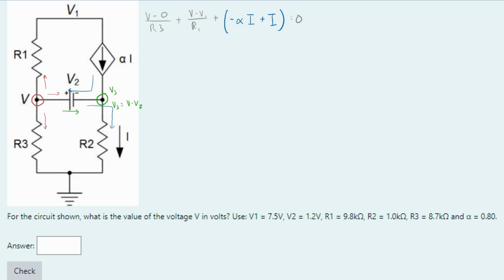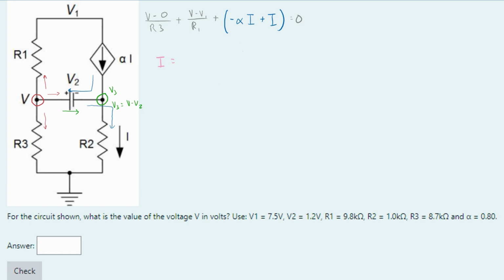So to find I, what we're going to say is, well, we know that I has to be equal to, and our I is right here. And so that means that we are going to have the voltage right here, and we are going to look at the voltage right here. And it's all happening over this resistor right here.